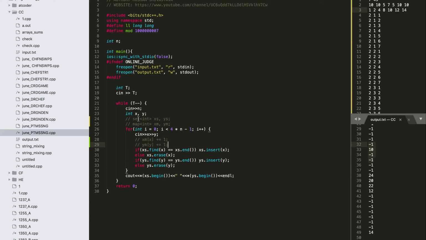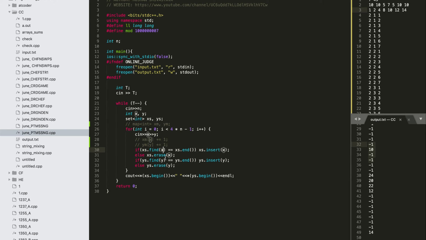So for example, I have tried to store all these coordinates into a set, and what I'm doing is checking whether this particular number already exists in our set or not. If it does exist, that means we can erase that one and ignore the current input as well, just to simulate that there are an even number of this particular coordinate.